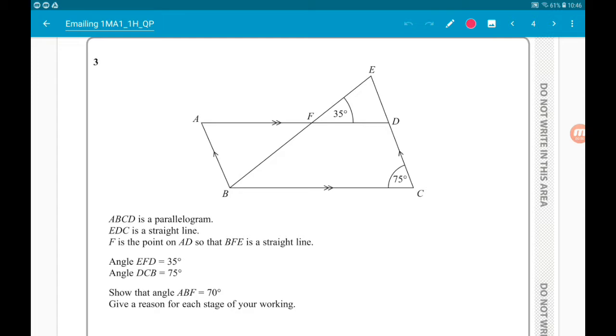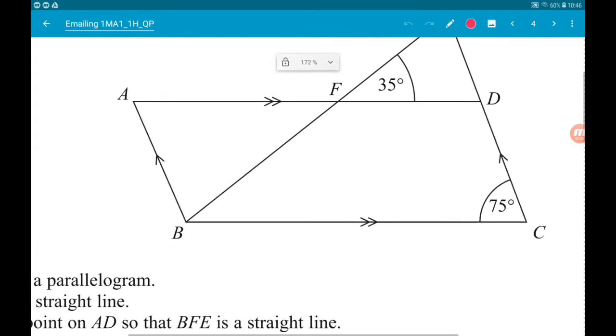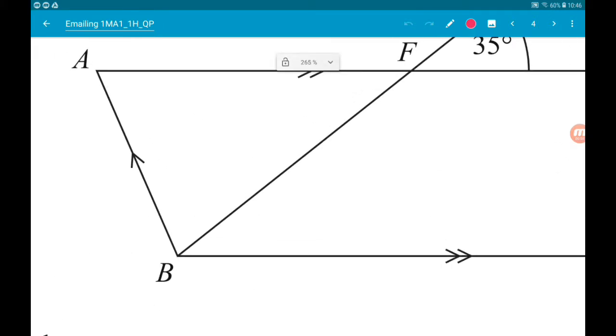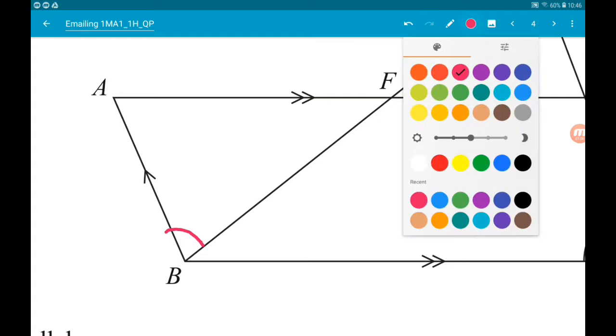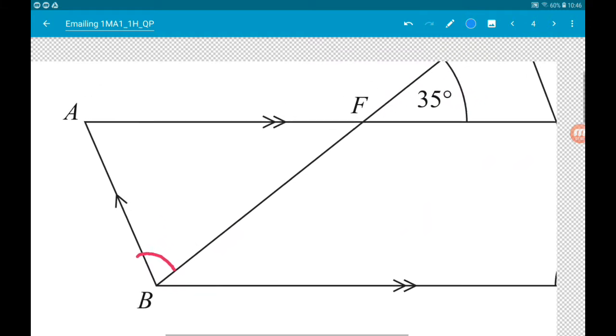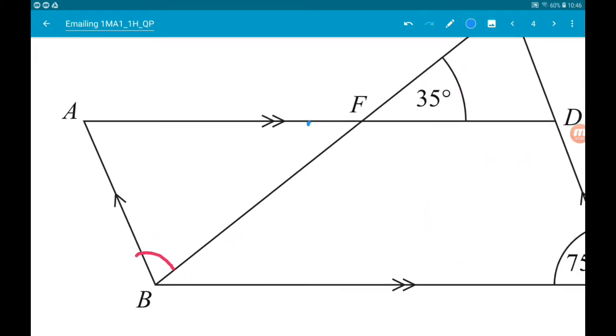Okay, so 4 marks. The angle that we want is this guy down here. Now, first of all, we can say that this angle here is 35 degrees. Now I'm not going to write down the reason, just to keep time down. The reason for that is opposite angles.